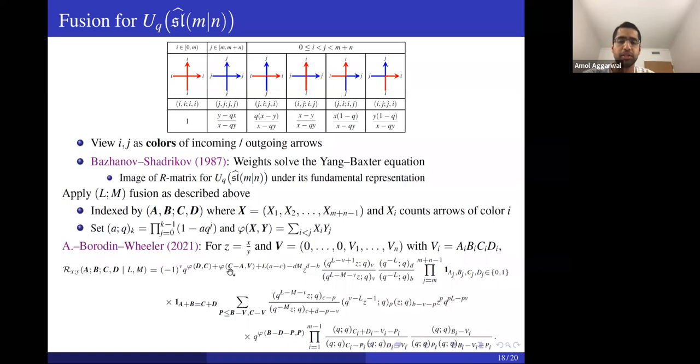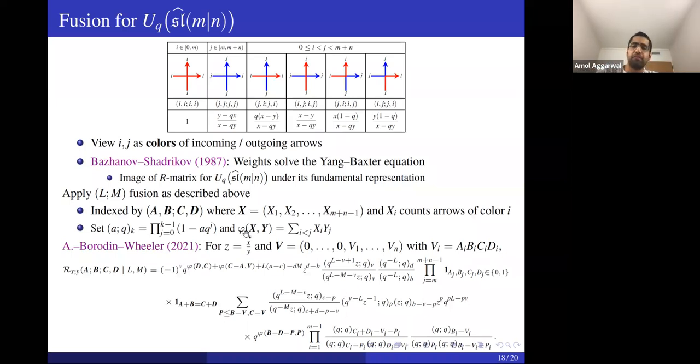The first is that, as you can see, L and M only find their way into this formula through being exponentiated by q. You only see an L or an M in the form of q to the L or q to the M. For example, here this is q to the minus D M, and this is q to the minus L. So these weights are once again analytic in q to the minus M and q to the minus L. Another thing which is fairly evident from the formula is that they only depend on x and y through the ratio z, which is x over y.